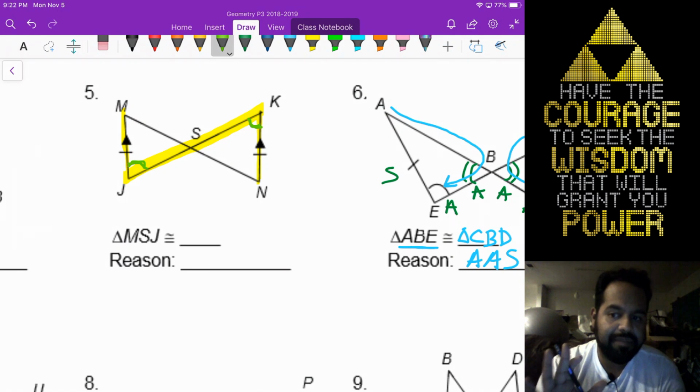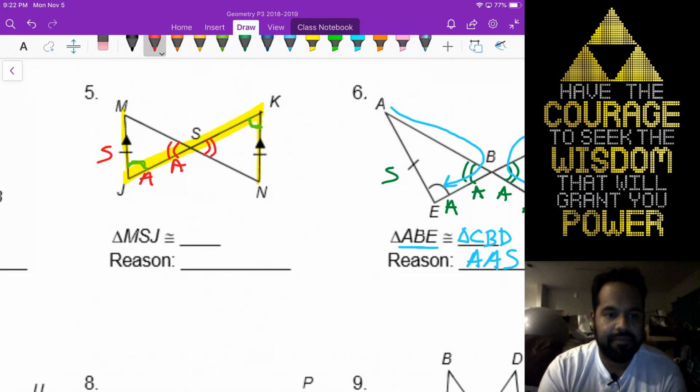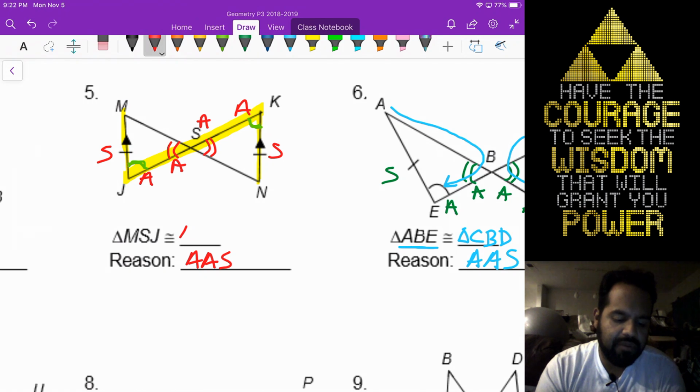Now, if I stop using my Z's here, I can then use my vertical angles, and I could say, oh, look, this is an angle, angle, side. Here, angle, angle, side. So one option is doing angle, angle, side, and again, it doesn't matter which one you do, you're going to be doing this order. Triangle, well, let's see here, MSJ, I go no marking, double single. So I have to go the same way, no marking, double single. So that's NSK.